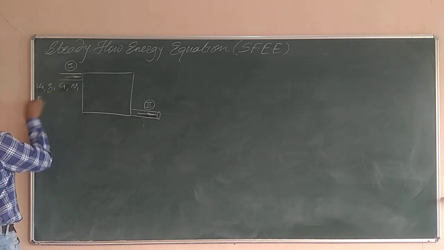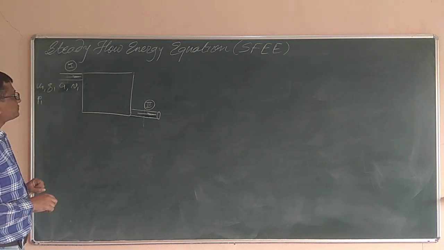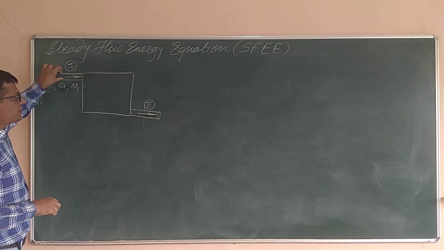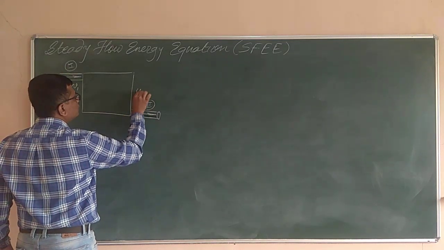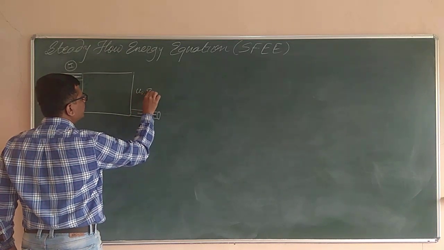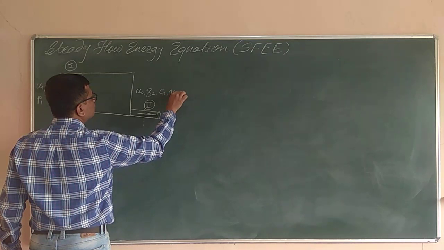Small p1 will be the absolute pressure of the fluid at section 1. In a similar manner at section 2 the properties will be u2, Z2, C2, v2, p2.